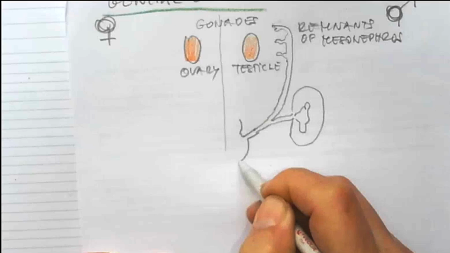We already used green color for it on both sides, definitely. Okay, so these are the remnants of mesonephros, and using also light blue for the second canal, which is called Müllerian duct, or ductus Mülleri.